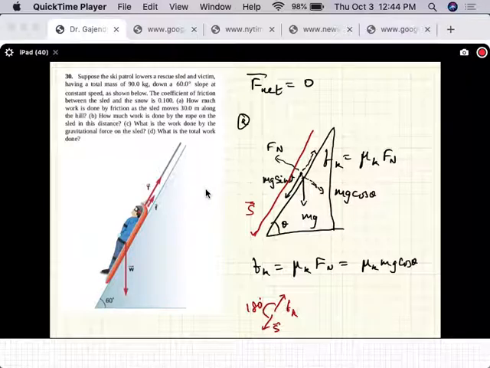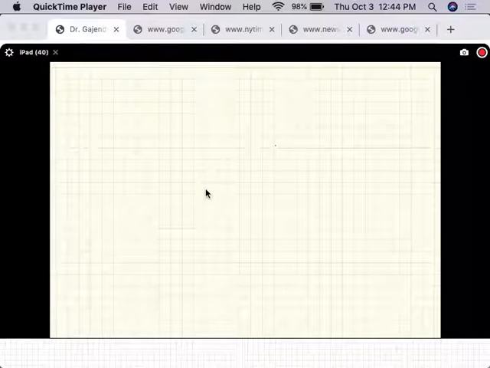So work done by the friction force is Fk times S times cosine 180 degrees, which is minus Fk times the displacement. Cosine 180 is minus 1.